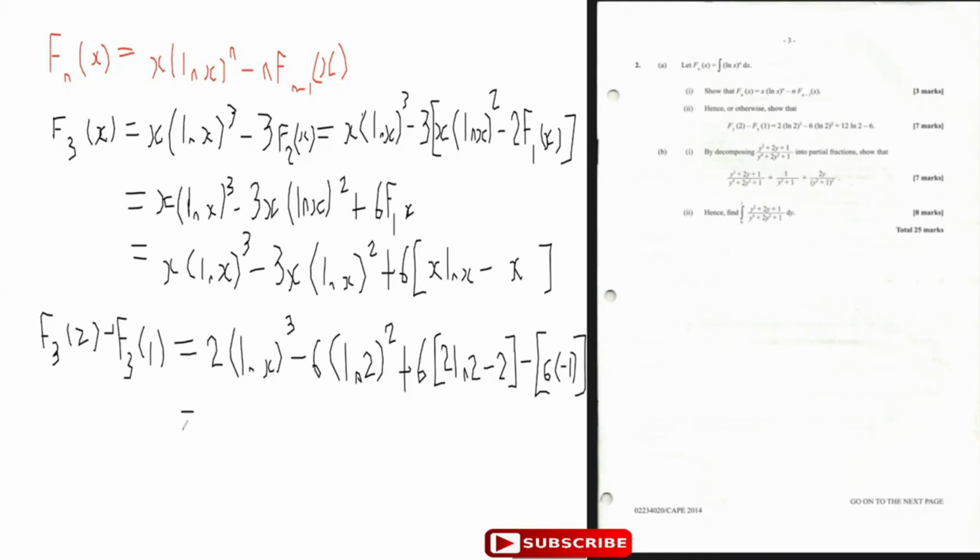So all of this is going to work out to be 2 ln 2 cubed minus 6 times ln 2 squared plus, now 6 times 2 ln 2, that is 6 times 2 is 12, so it's 12 ln 2, minus 6 times 2 is minus 12.